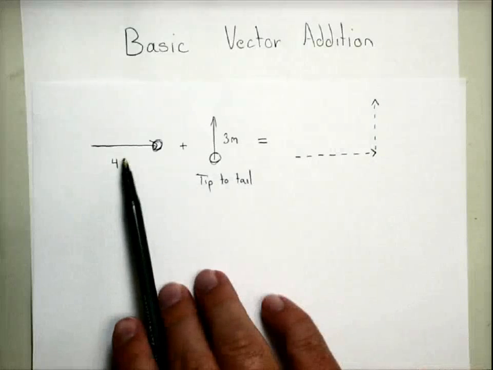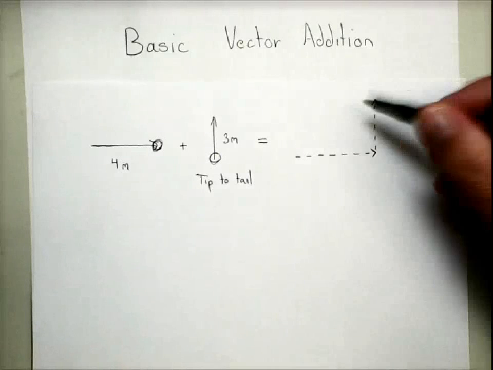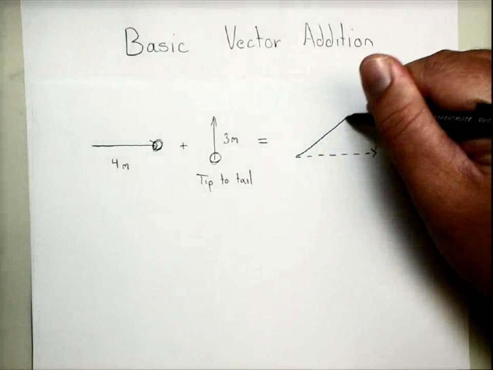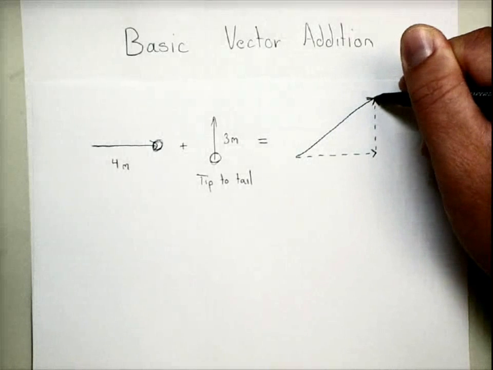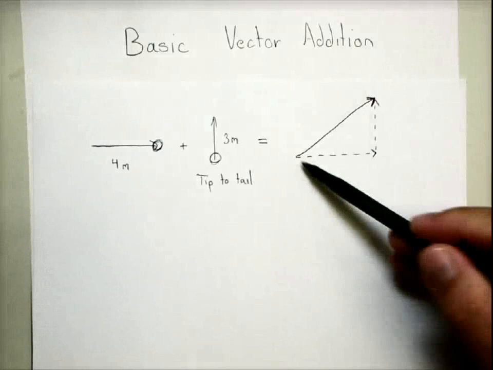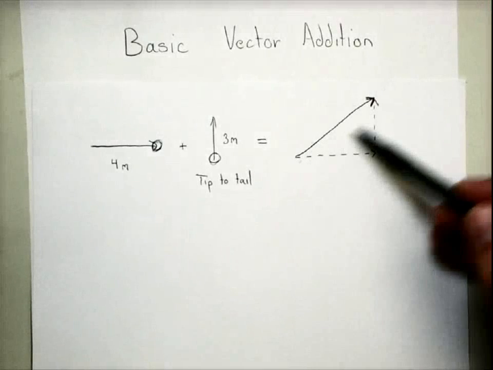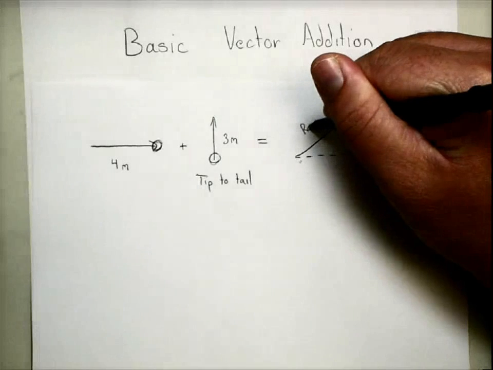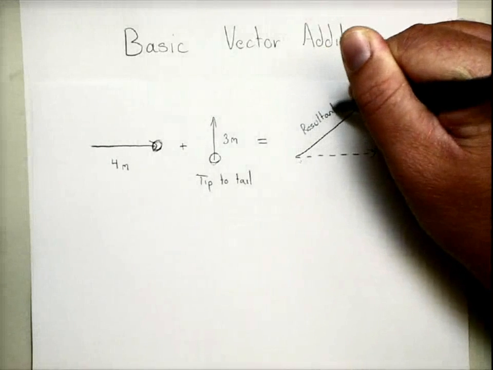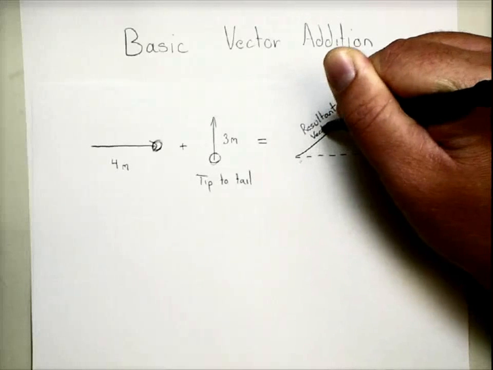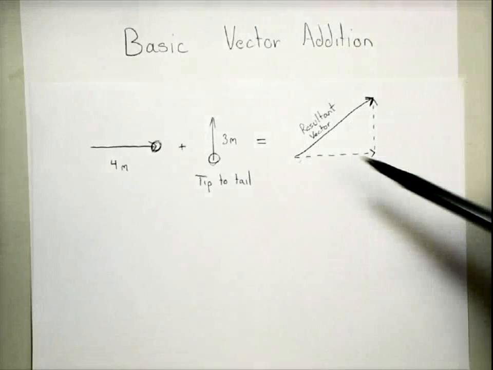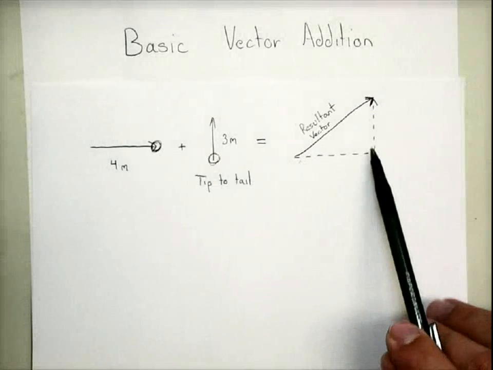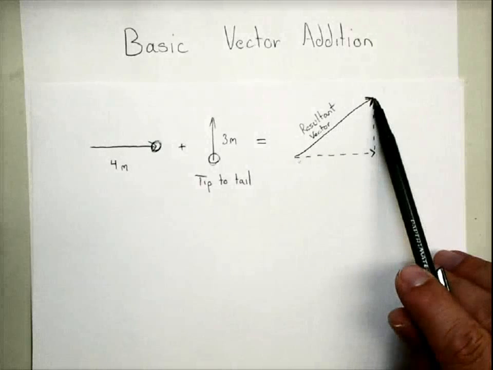To find the result of this addition, what I do is I connect the tail of my first one to the tip of my last one, just like that. And that vector right there is the answer. And we call this the resultant vector, which kind of makes sense because it's the result of adding the other two vectors. So anytime you have two vectors where they're not lined up, all you have to do is put them tip to tail, and the resultant vector will be the answer.